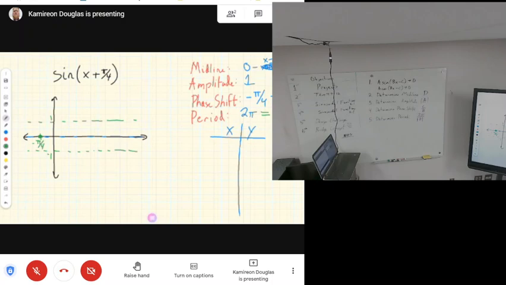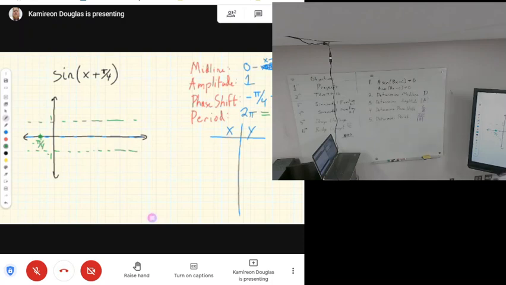Now again, this works really well if you know what the phase shift is and are willing to convert the period. Again, I used the 2 pi from the period for this problem, converted it into the same units that the phase shift is in, and now I can count this out nicely.